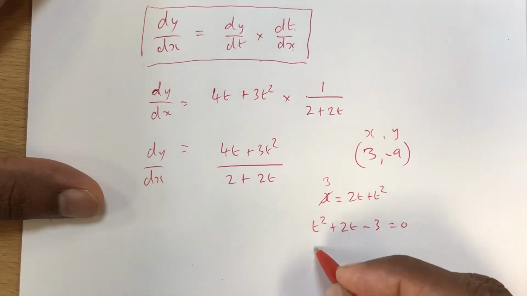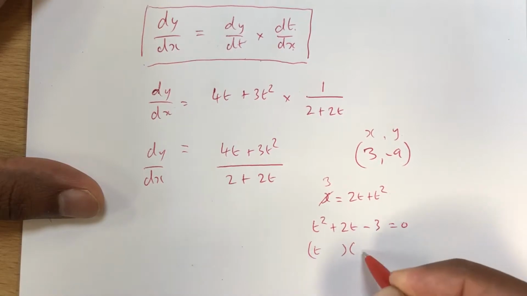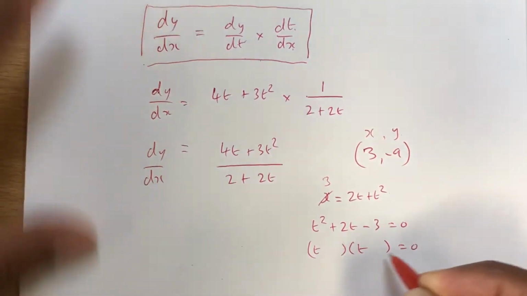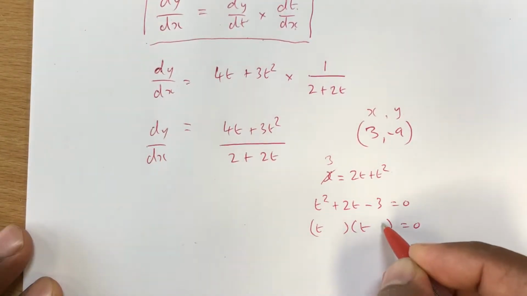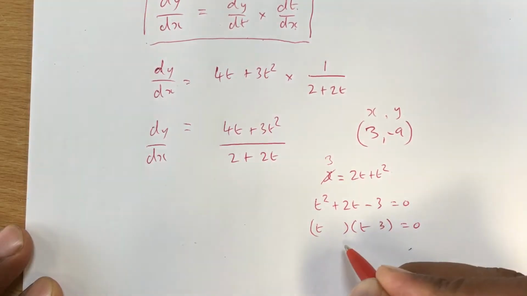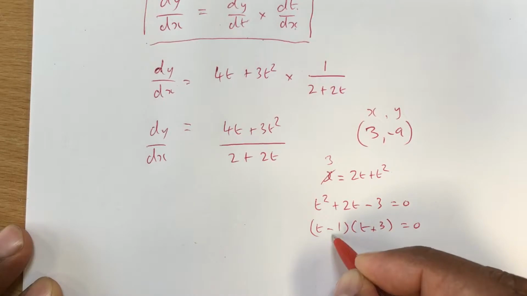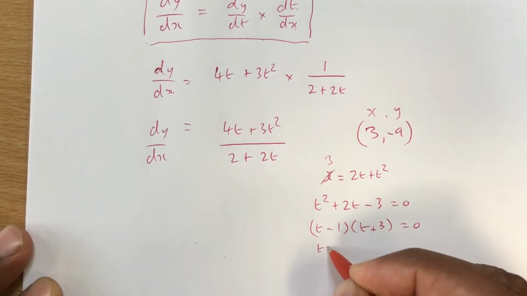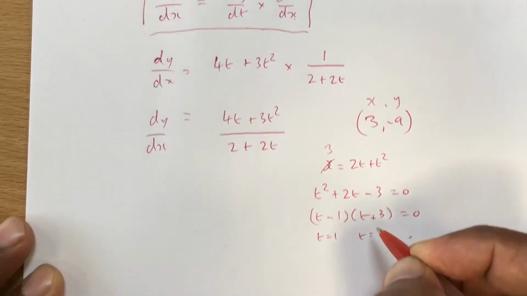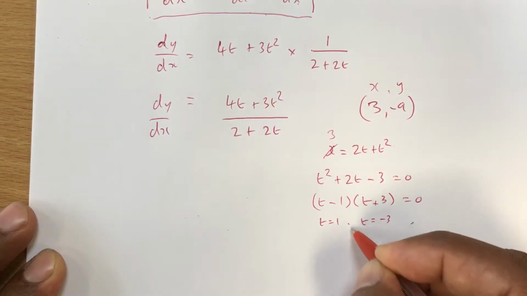If I factorize this, I get a 3 and a 1, one positive and one negative, so t can be either 1 or minus 3.